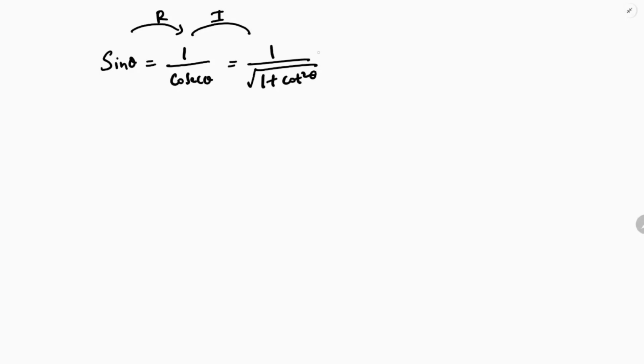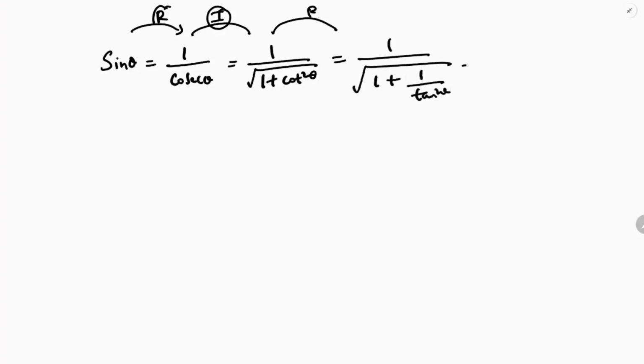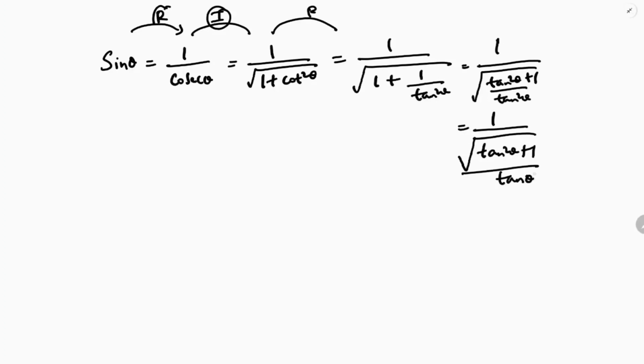Now cot, reciprocal again: 1 by under root 1 plus 1 by tan square theta. If we take LCM, it is tan square theta, so you'll get tan square theta plus 1 by tan square theta. So 1 by under root of tan square theta plus 1 by tan theta, because under root tan square theta is tan theta. So this I'll take to the numerator. So tan theta by root tan square theta plus 1.